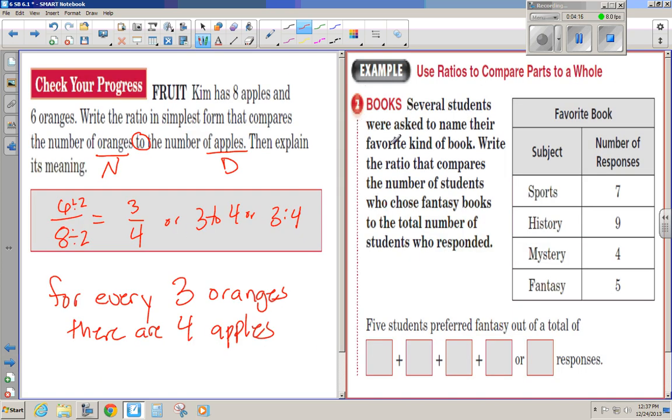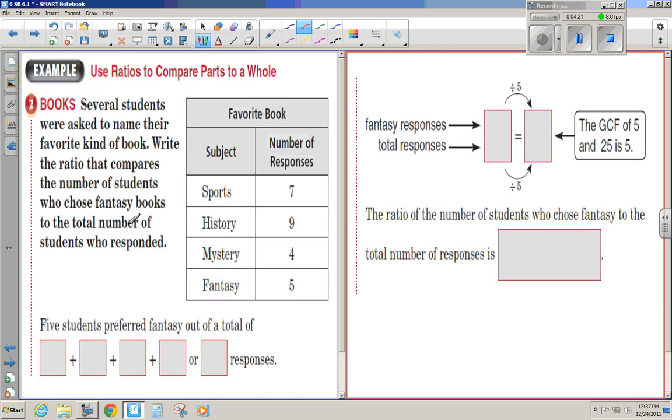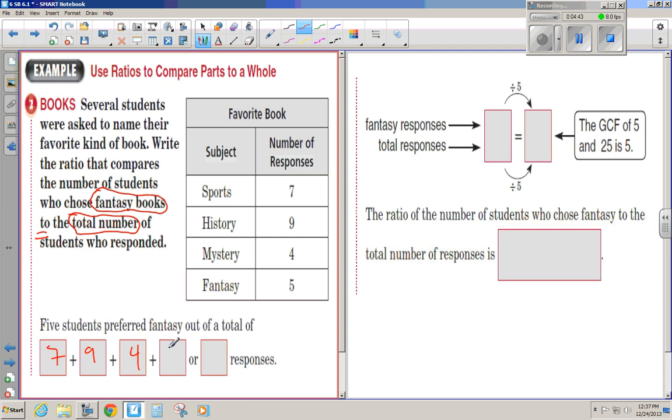All right, use ratios to compare parts of a whole. Okay, here are several students. We're asked to name their favorite kind of book. Write the ratio that compares the number of students who choose fantasy books to the total number of students. So the first thing you need to do is add up all of the responses to find the total students. So 9 and 9, 18.